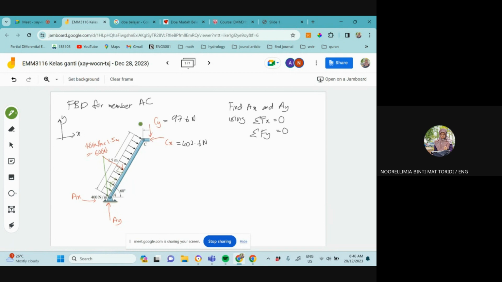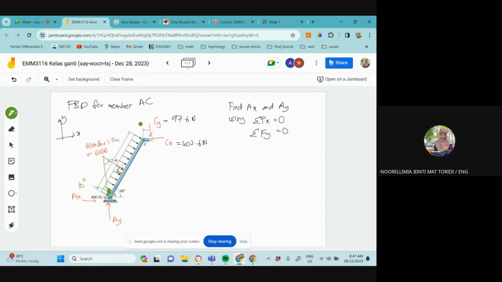This one here will be 30 degree. This one is, you know, 90 degree.